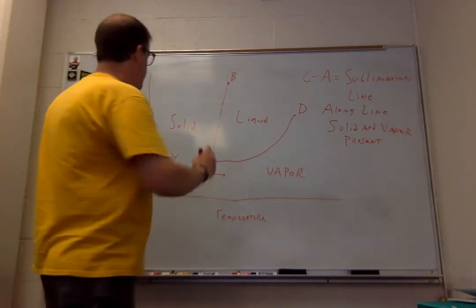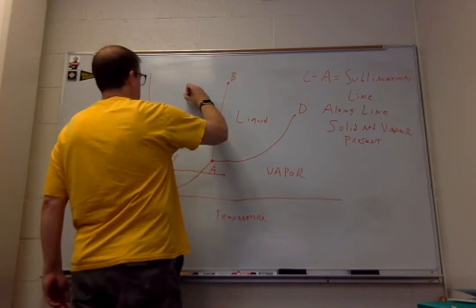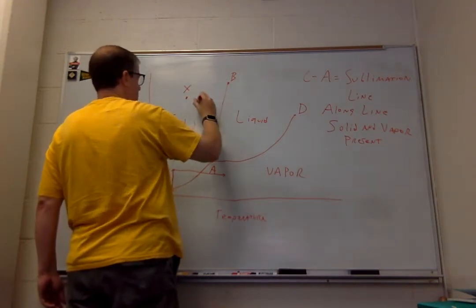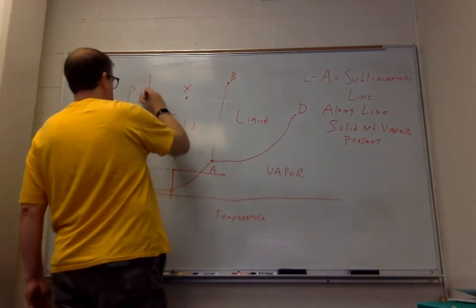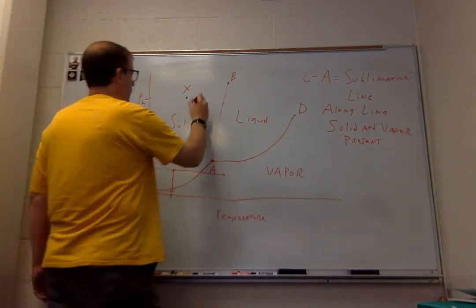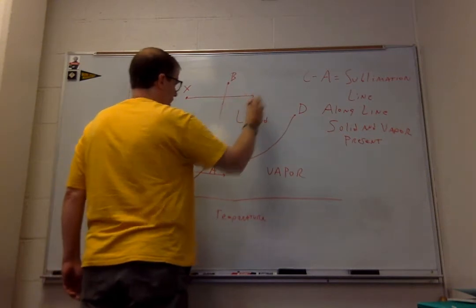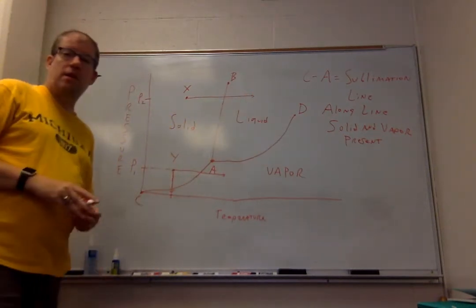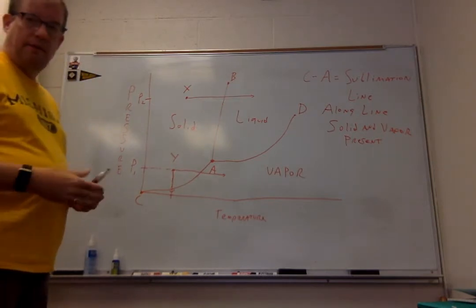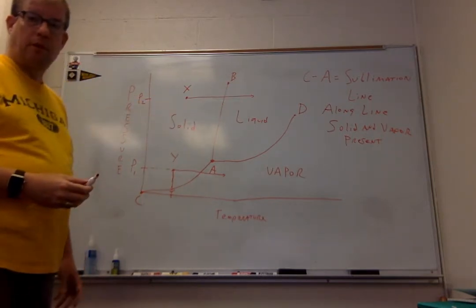What would happen if, at point X, I kept my pressure constant and I heat that such that it crosses that line, segment AB? Your solid would appear to melt.